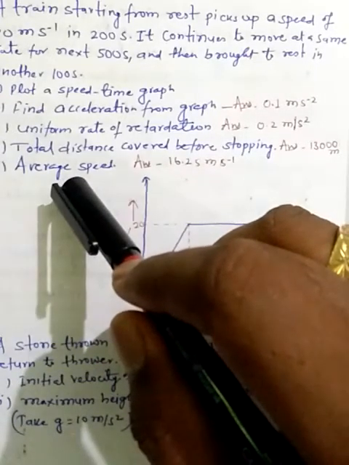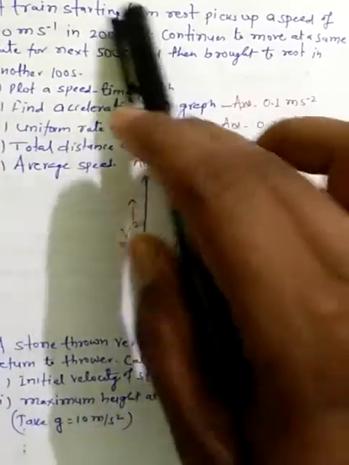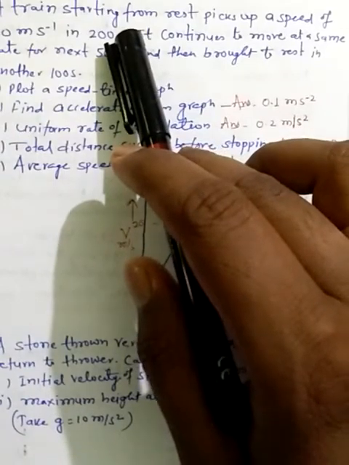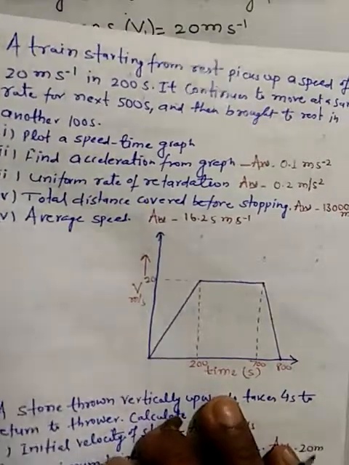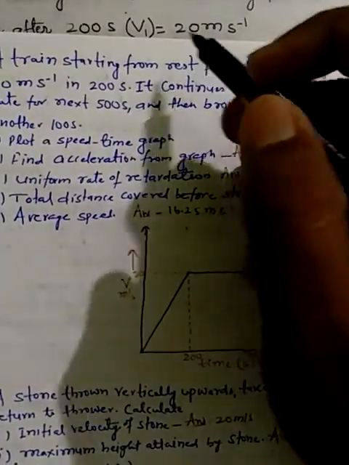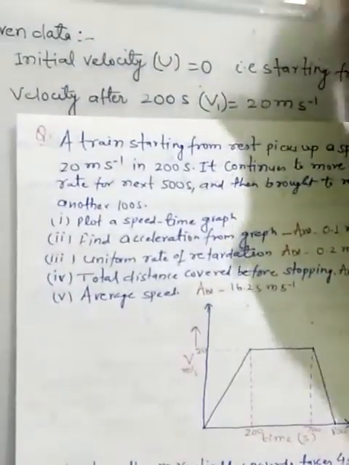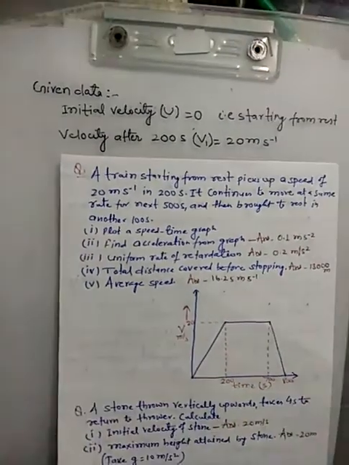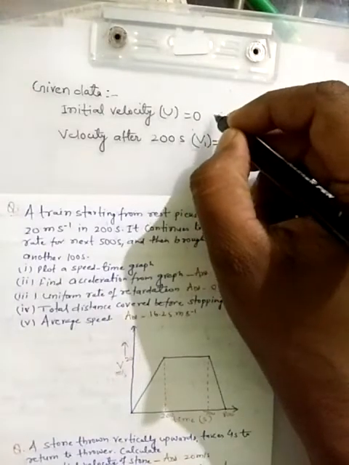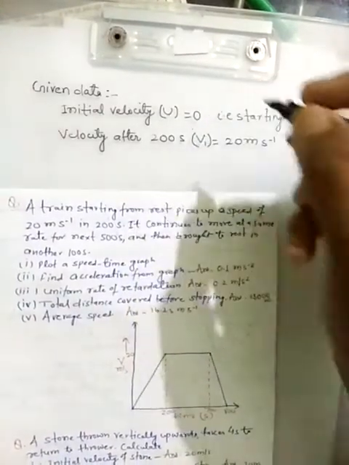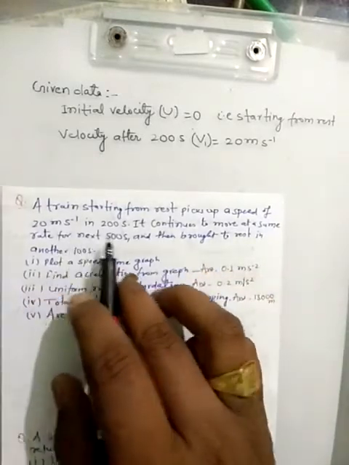First of all, we will draw the velocity time graph according to the given data. It is given that the train starts from rest, it means the initial velocity of the train is 0 meter per second, and it picks up a speed of 20 meter per second in 200 seconds.